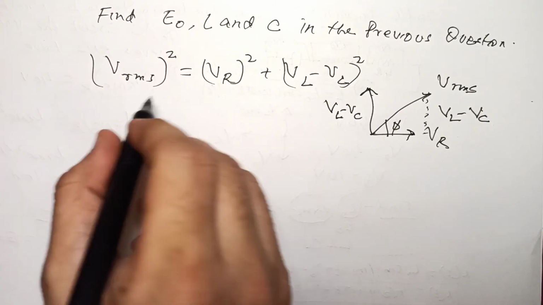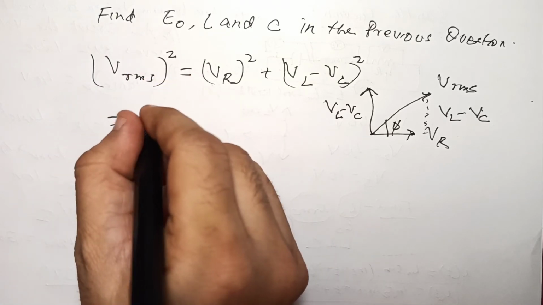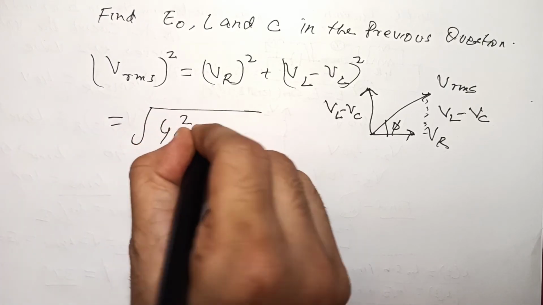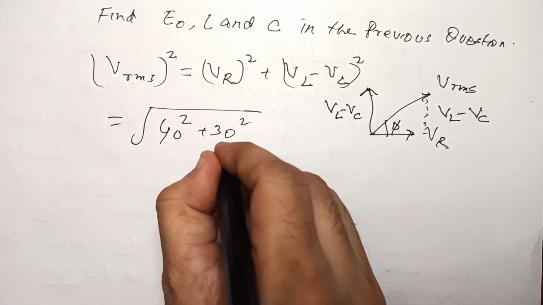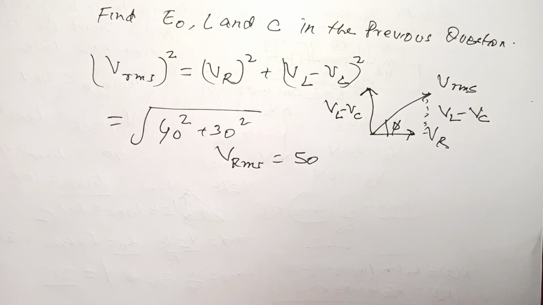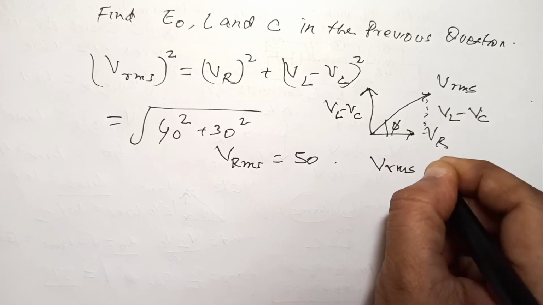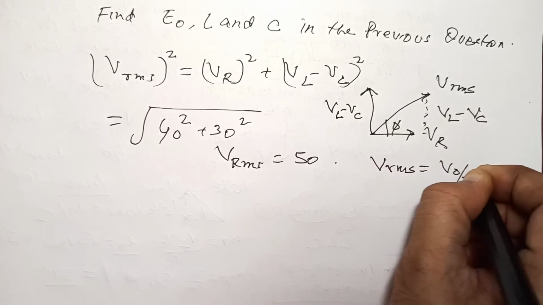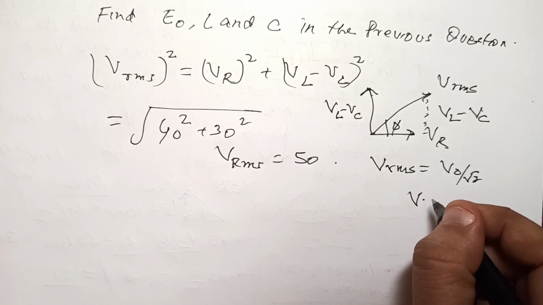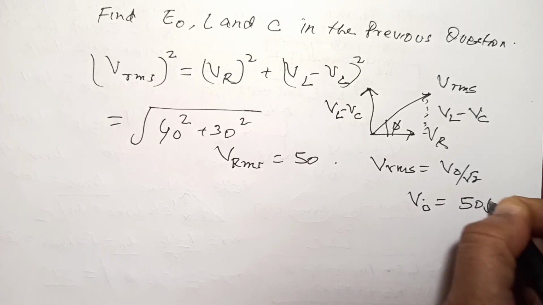Putting in the values, VR is 40 and VL minus VC is 30, so taking the square root on both sides, VRMS is equal to 50. We also know that VRMS is equal to V naught by root 2. So we get V naught is equal to 50 root 2 volts.